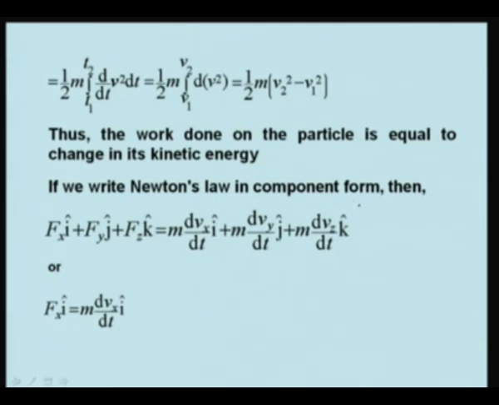If we write Newton's law in component form, then Fx i plus Fy j plus Fz k is equal to m dvx by dt i plus m dvy by dt j plus m dvz by dt k. This Newton's law has been written in the component form. Therefore Fx i is equal to m dvx by dt i.